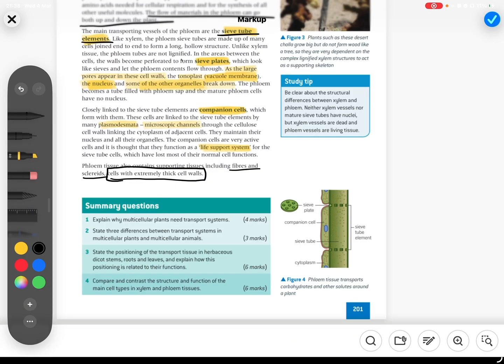What do we know about cellulose cell walls? They're strong. Extremely thick, strong walls mean extremely strong support for the phloem. That's why the phloem doesn't break down, and why the xylem doesn't break down. They've got support, and all these little weird things which make them what they are. You've got to know them all for A-level biology.